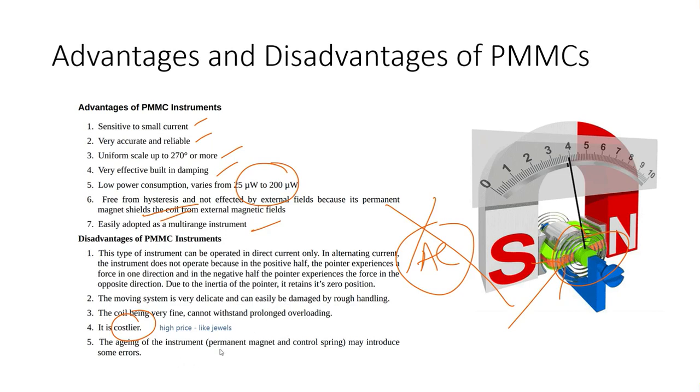And aging reduces the magnetism of this magnet. So the first point is that the magnetism is reduced with years, and the second is that the tension of these springs would reduce with age. So the controlling mechanism and permanent magnet will deteriorate with time.